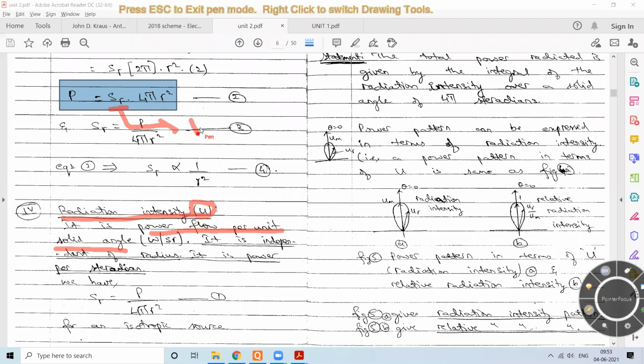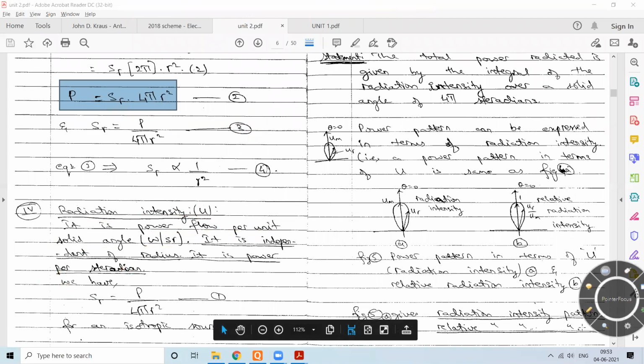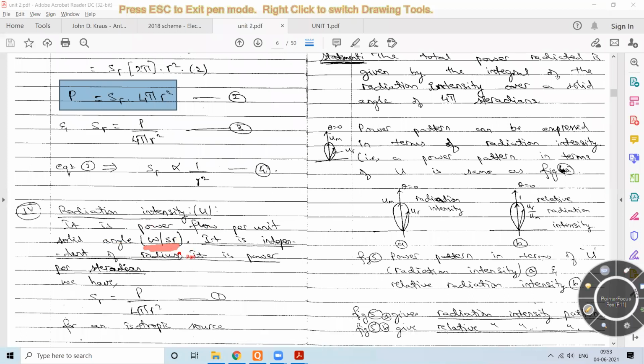The SI unit of power density is watt per meter square, since it is power flow per unit area. And since radiation intensity is per unit solid angle, whose SI unit is steradians, the unit of radiation intensity will be watt per steradian.